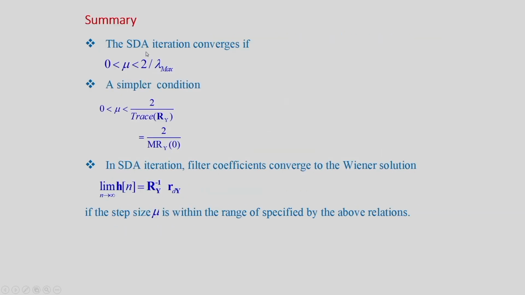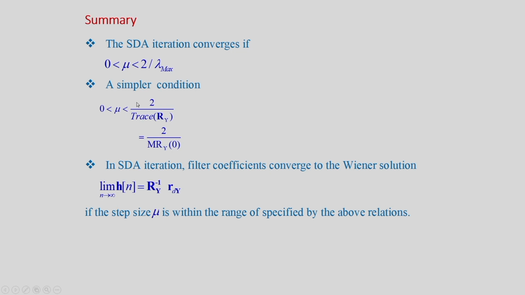We also established that the SDA iteration converges if we select mu to be less than 2 by lambda max, where lambda max is the maximum eigenvalue of the autocorrelation matrix. A simpler condition is obtained, that is 0 less than mu less than 2 by trace of the Ry matrix, and this trace is equal to m times Ry of 0.